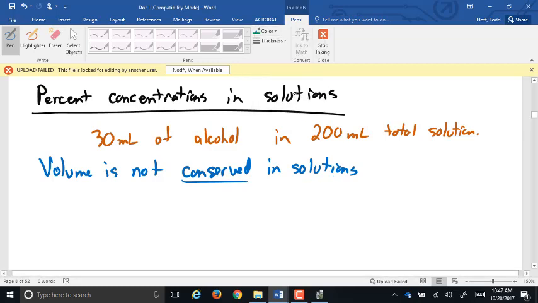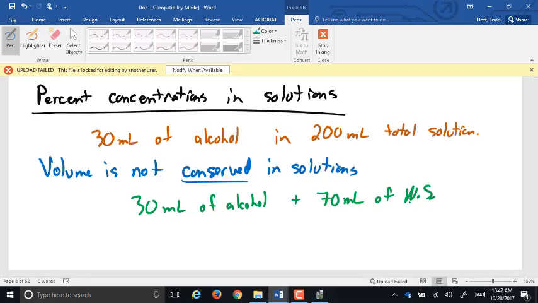What that means is if I add 30 milliliters of alcohol plus, let's say, 70 milliliters of water, of saline, we might not get 100 milliliters. Most likely it'll be measurably less than 100 milliliters. The reason for that is the way a solution works.